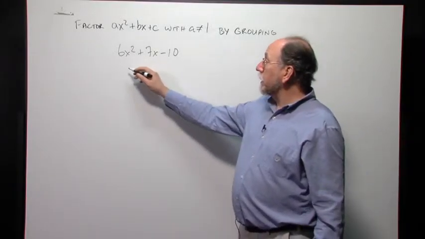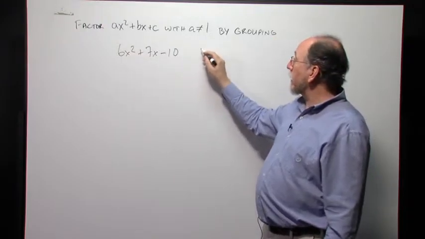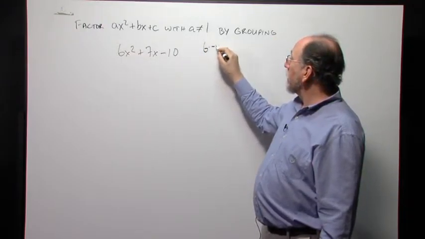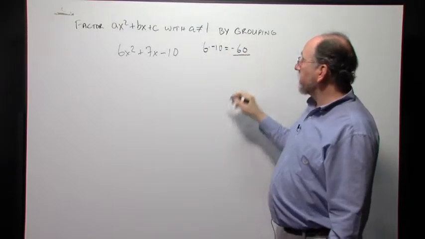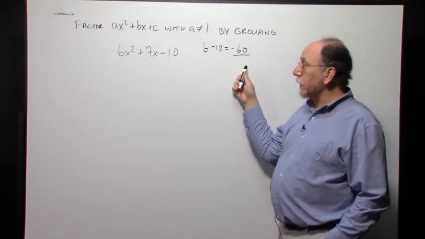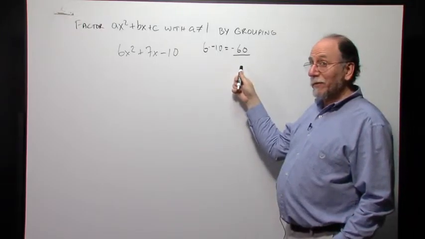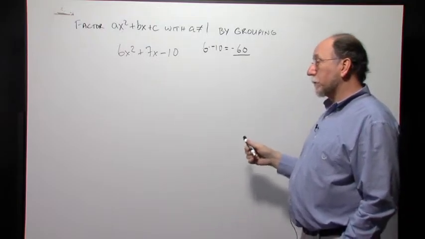First step was take a and c, in this case 6 and negative 10, multiply them together. And we get negative 60. Okay, we're going to pay attention to this sign because then we can just add those factors, whatever they are, to get 7. So one's positive, one's negative.